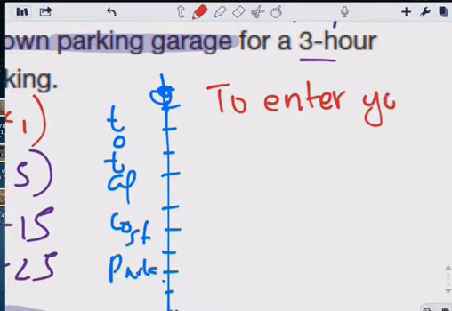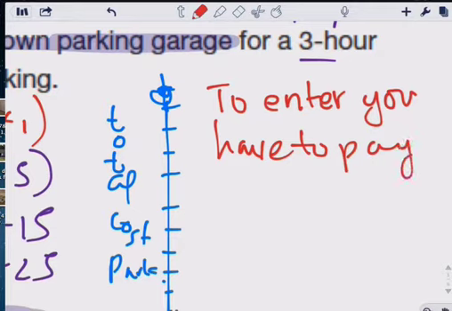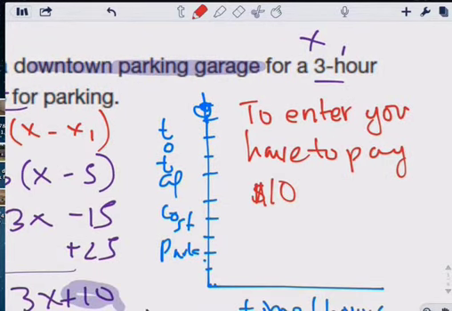You have to pay $10. So before entering, you have to pay $10.